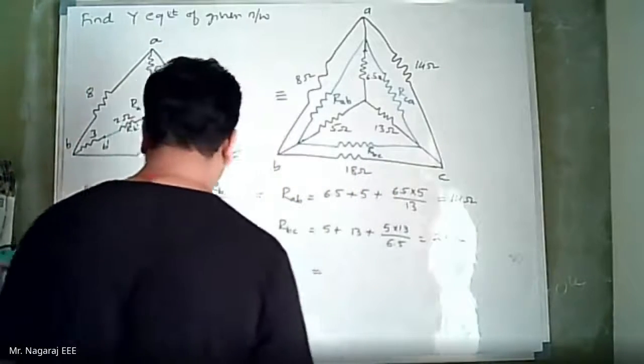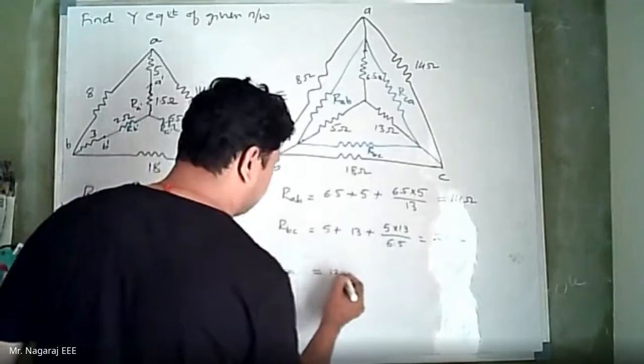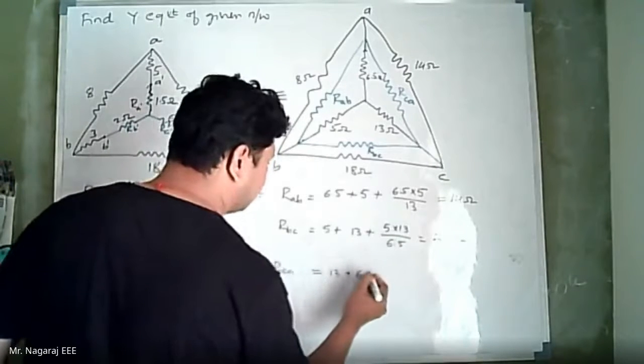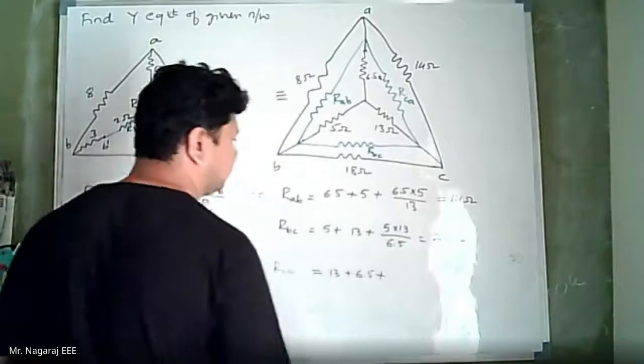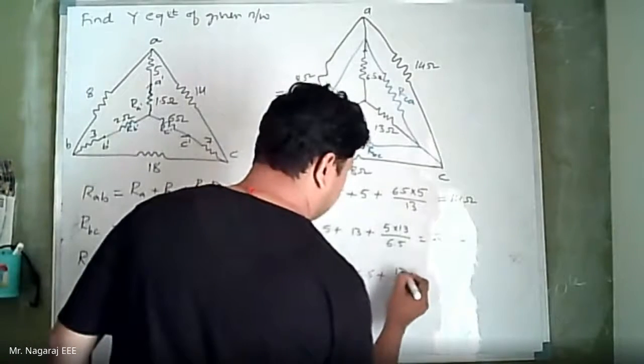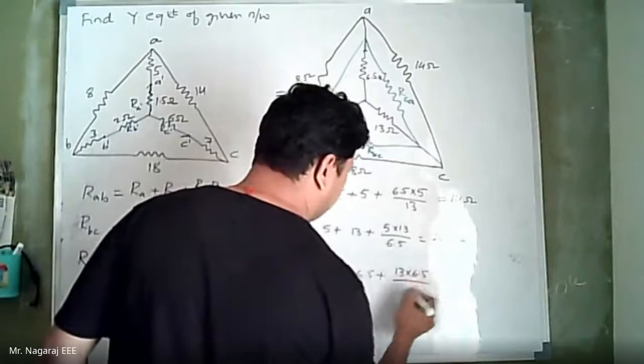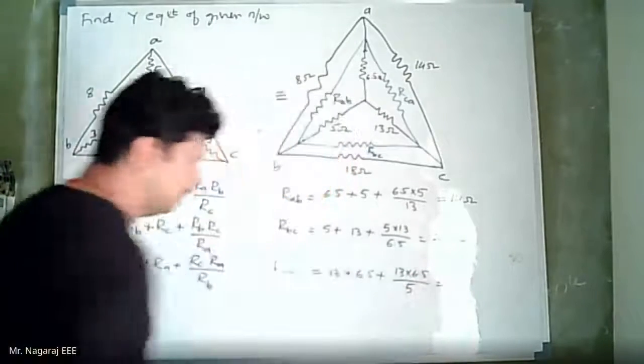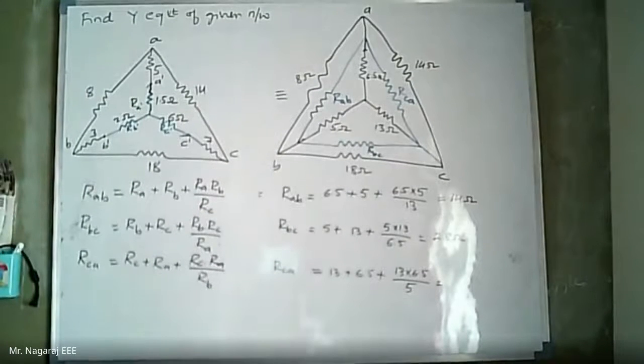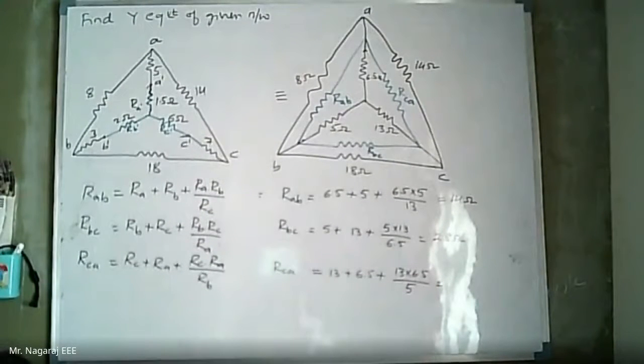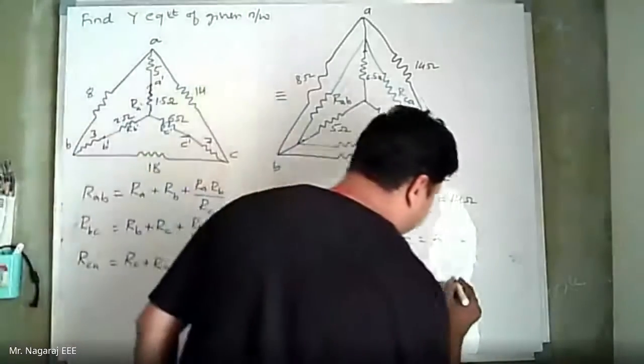RCA is RC 13 plus RA 6.5 plus 13 into 6.5 divided by RB 5. It's 36.4.